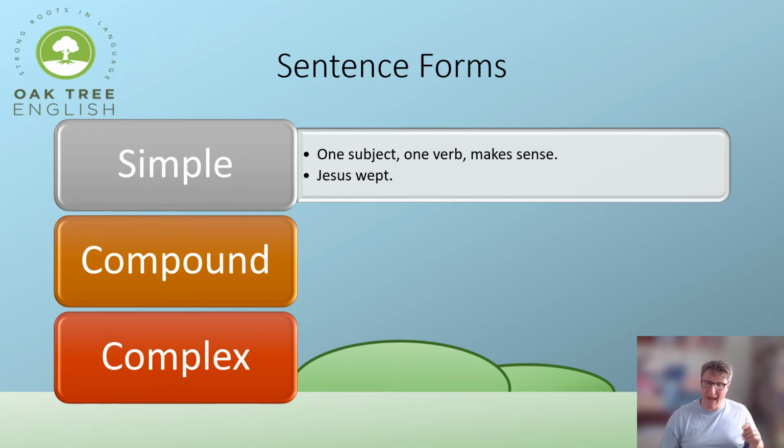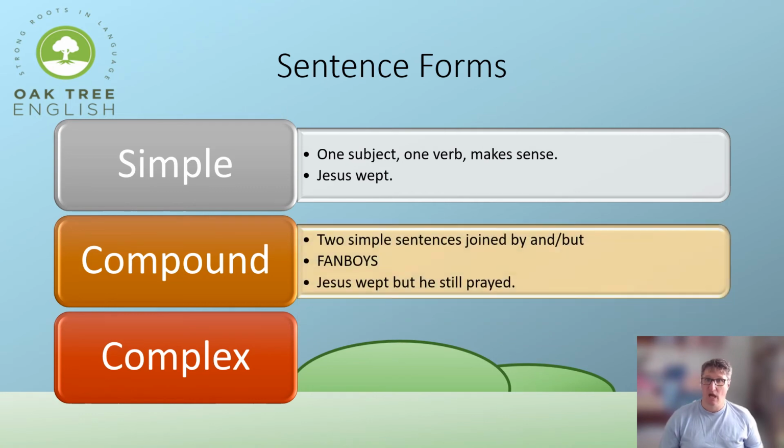Now, the compound sentence. A simple sentence is one defining clause. A compound is 2 clauses joined by and or but. In fact, by fanboys. I'll talk about fanboys in a second. So you've got Jesus wept and raised Lazarus. Oh, here we go.